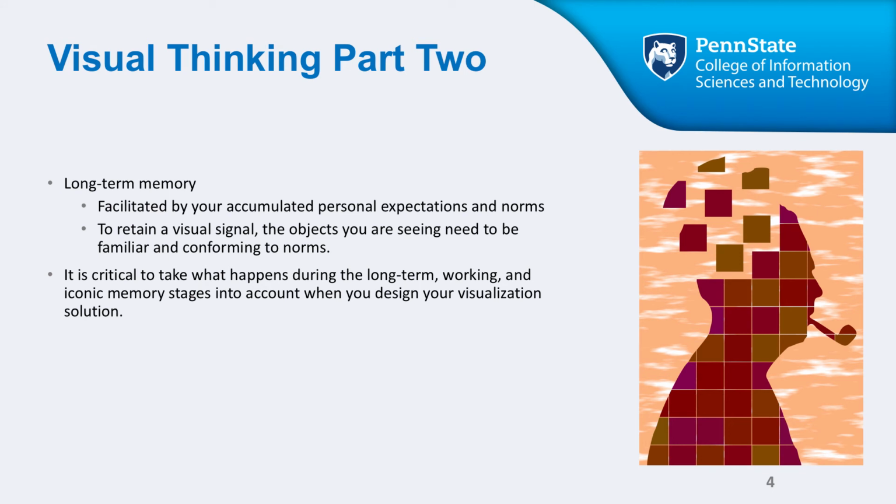Long-term memory is the final stage that our visual thinking goes through. It is facilitated by the expectations and norms accumulated by your personal experience. In order for long-term memory to retain a visual signal, the objects you're seeing need to be familiar and conforming to norms.